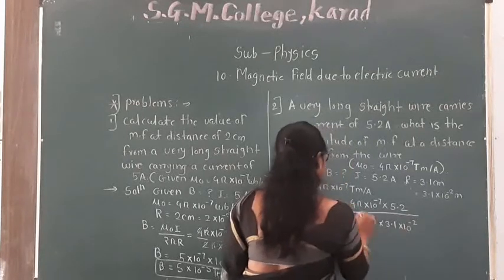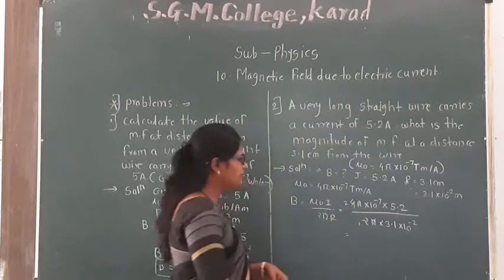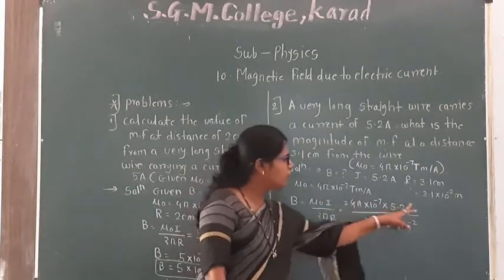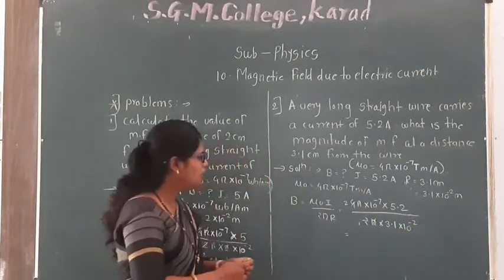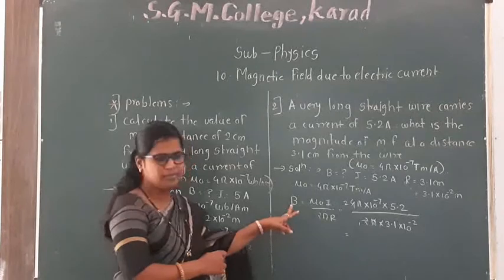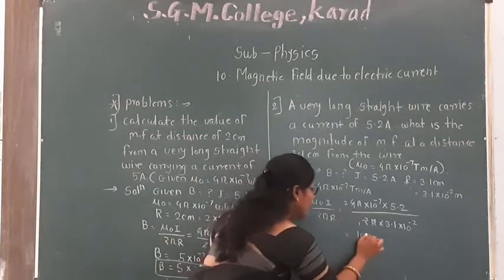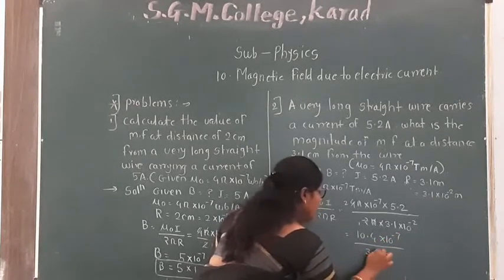Here also pi cancels. Then we have to use the log table. By using the log table we can calculate the total value of current.